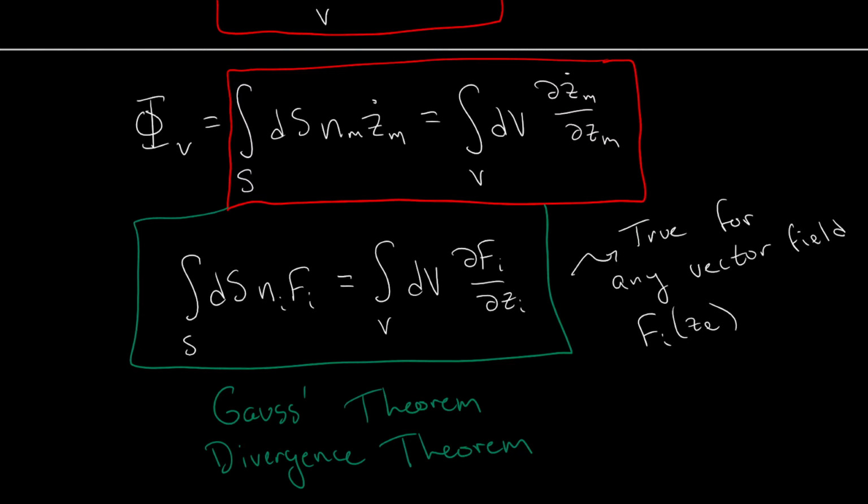So the left-hand side, as we've already said, this is the amount of F which is flowing through our surface, the surface of our volume, right? Well, the right-hand side is giving us essentially how much F is changing in the direction that it's pointing.